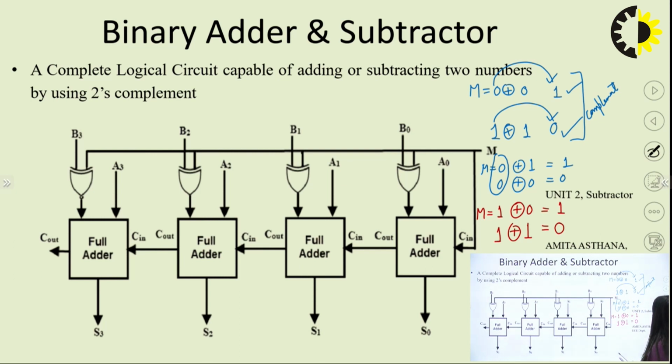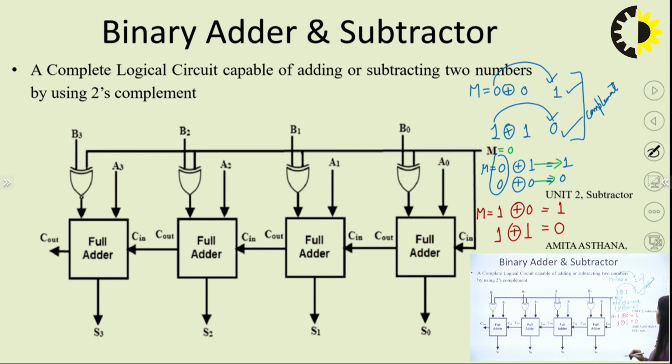Let us say we fix m to be 0. If my m is equal to 0 and I am XORing this with 1, the same value is coming out.